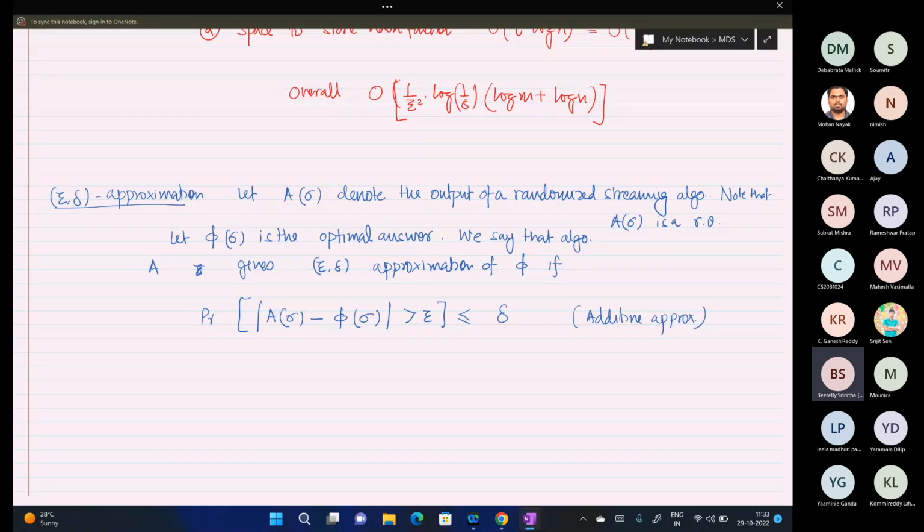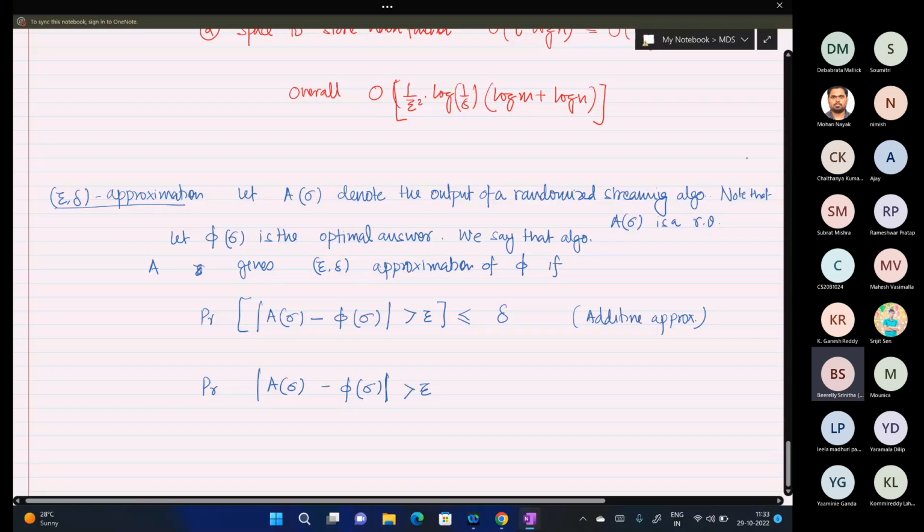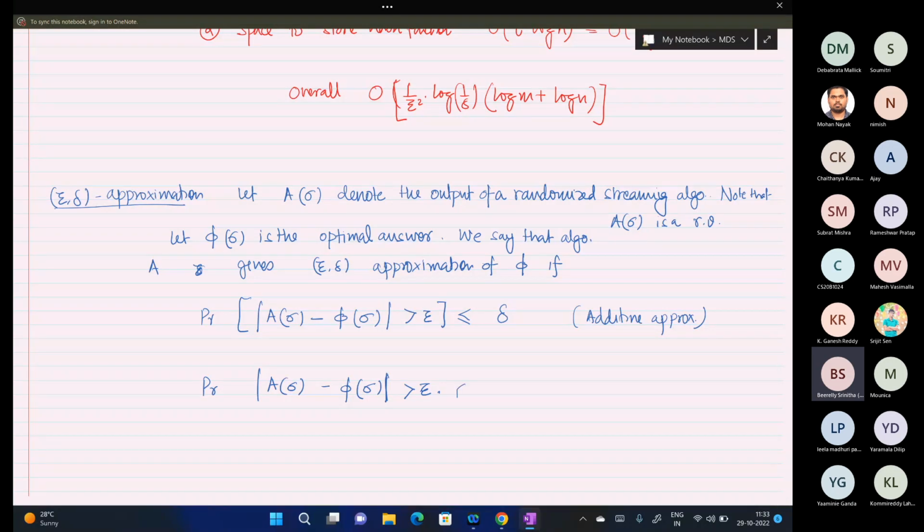And the probability that |A(sigma) minus phi(sigma)| is more than epsilon times phi(sigma) is at most delta. So this is called multiplicative approximation.